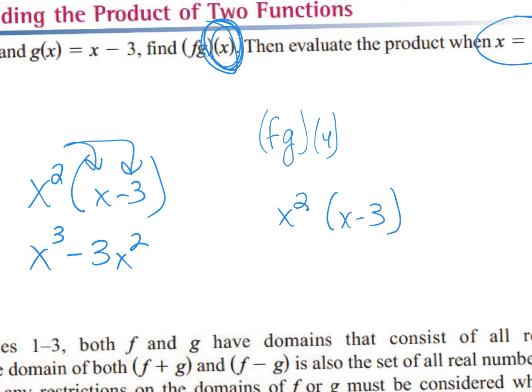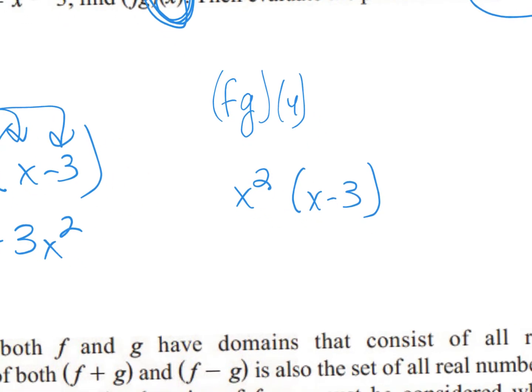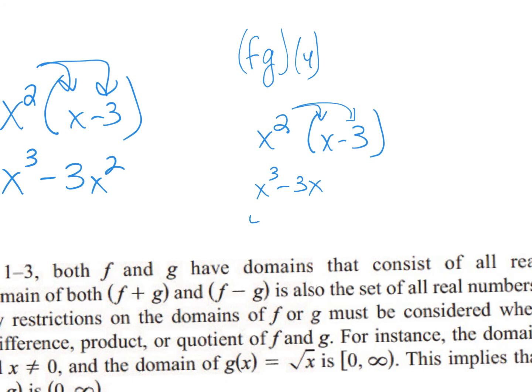I personally, like I said, think you should combine first. X cubed, negative 3x squared, and then substitute in the number they told us to, 4, right? So this is 4 cubed minus 3 times 4 squared. What's 4 cubed? 64.